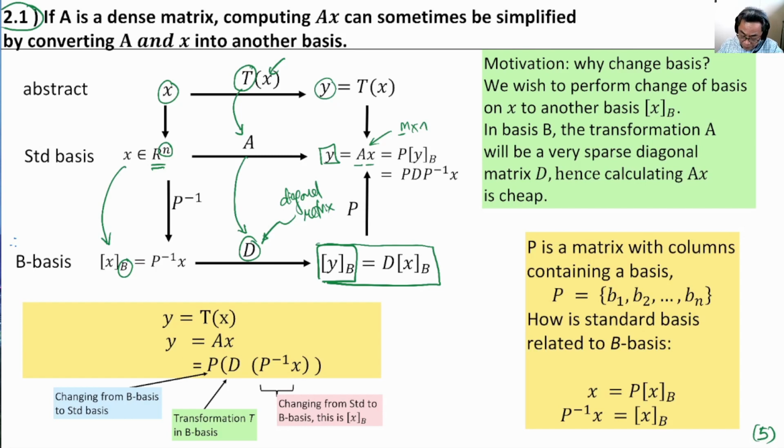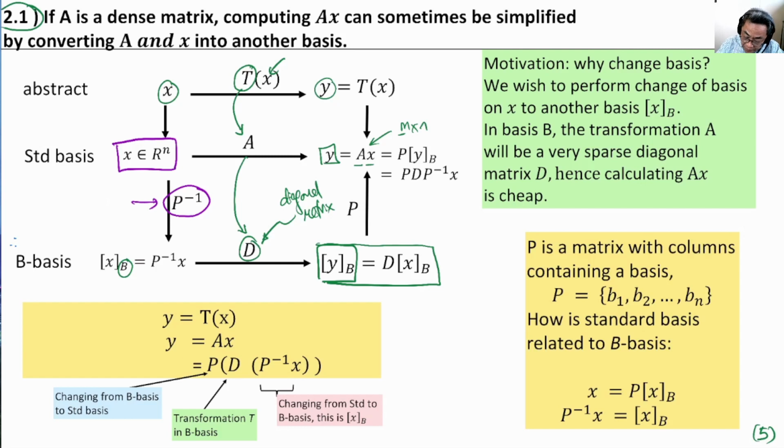Now let's remember how we convert from the standard basis to the B basis. We take the input x in the standard basis, and we pre-multiply on the left by P minus 1, where P contains the columns of the basis representing the B basis.